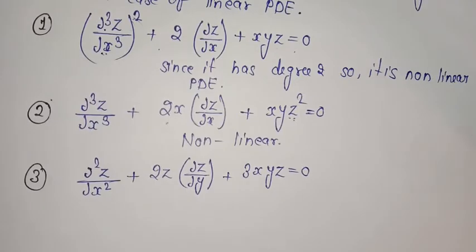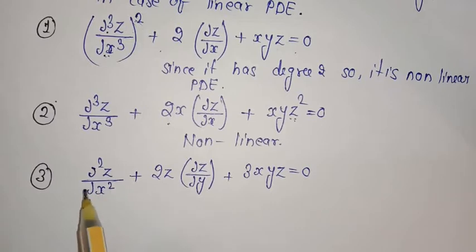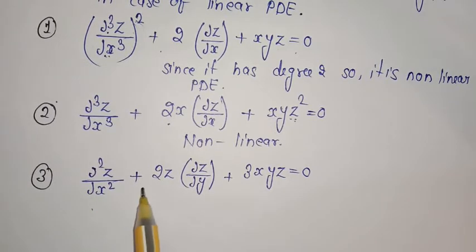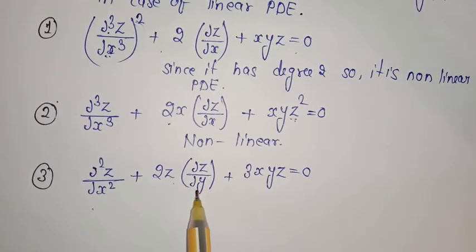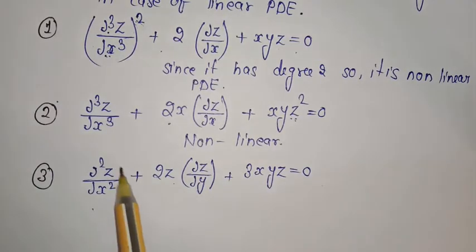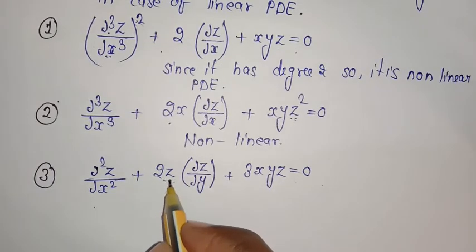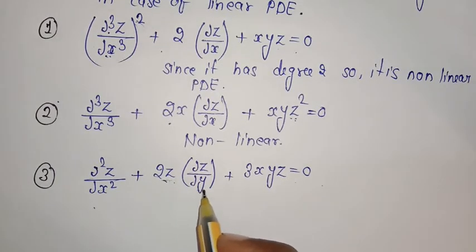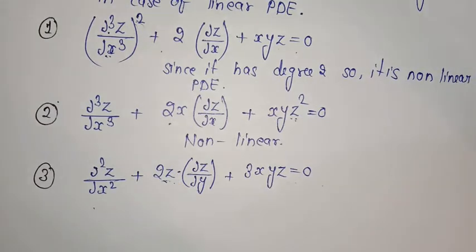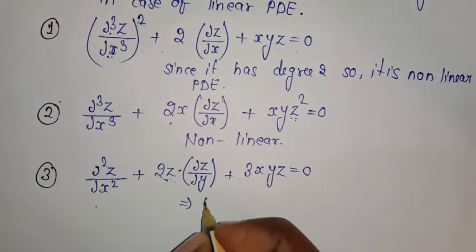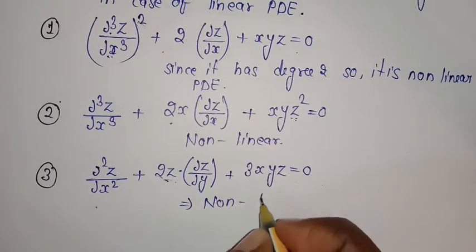For example, if we see this differential equation, ∂²z/∂x² + 2z ∂z/∂y + 3xyz. Here all the partial derivatives and dependent variables are present in degree 1, but the dependent variable and its partial derivatives are multiplied together. This implies that this differential equation is also a non-linear partial differential equation.